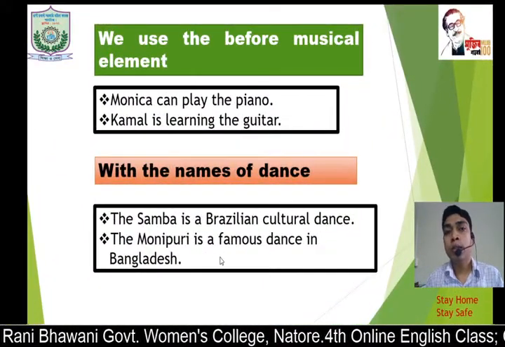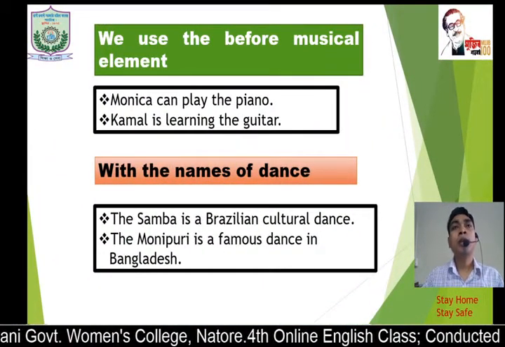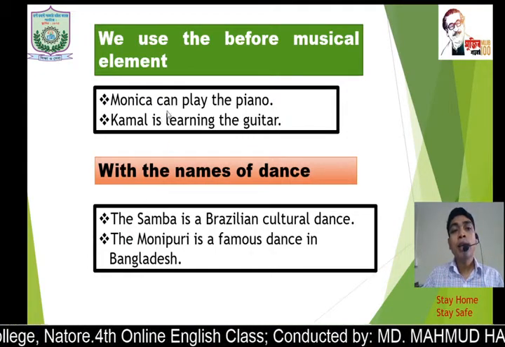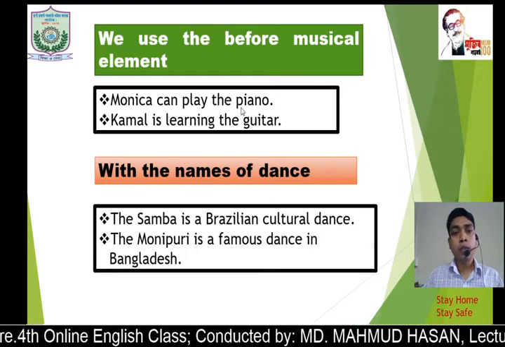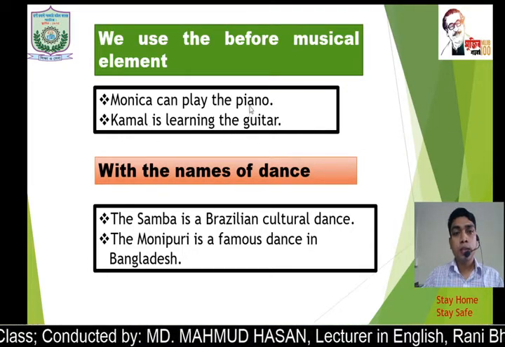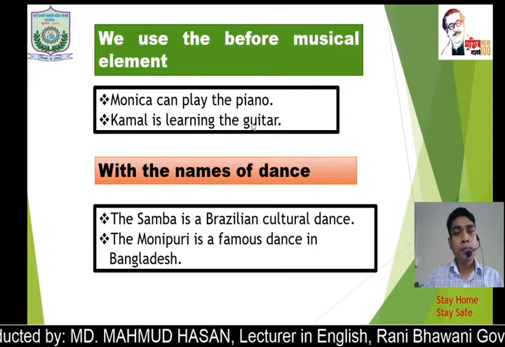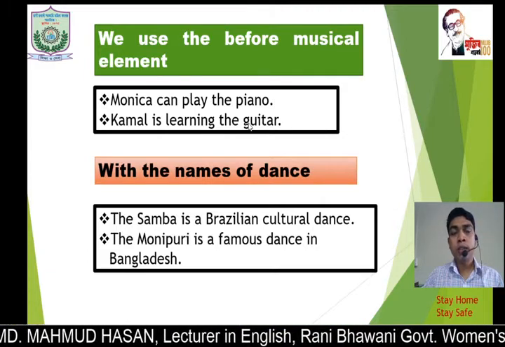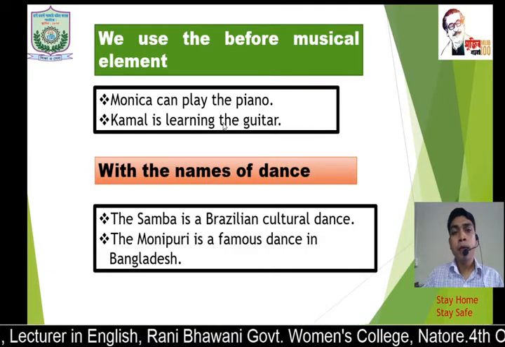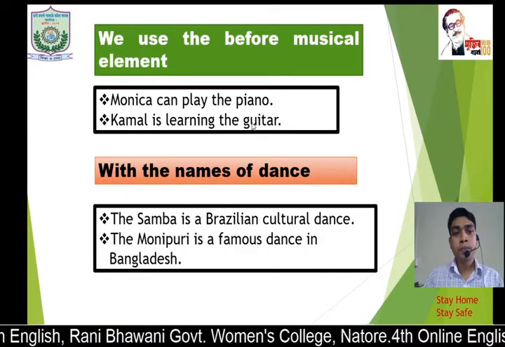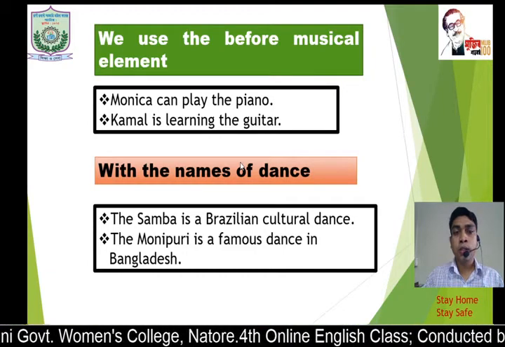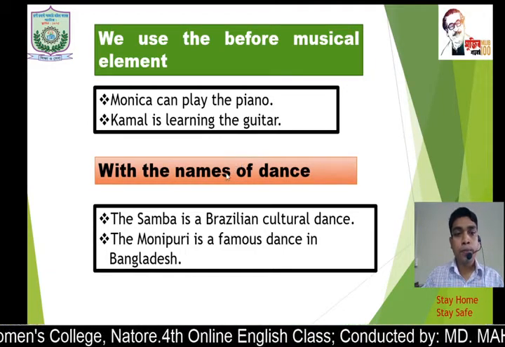We use the before musical instruments. For example, Monica can play the piano. Kamal is learning the guitar. Piano and guitar both are musical instruments, and we use the before musical instruments. With the names of dances, we use the.